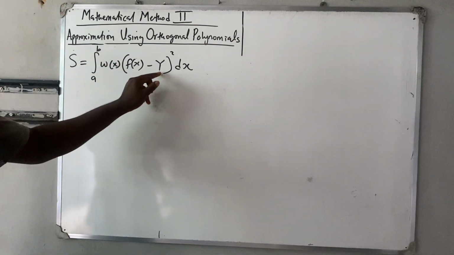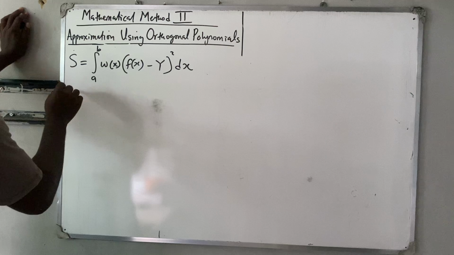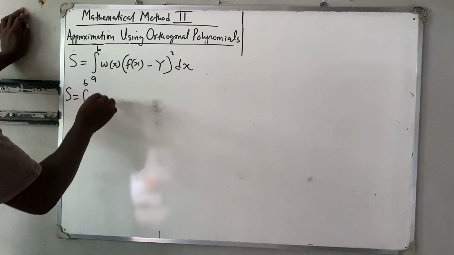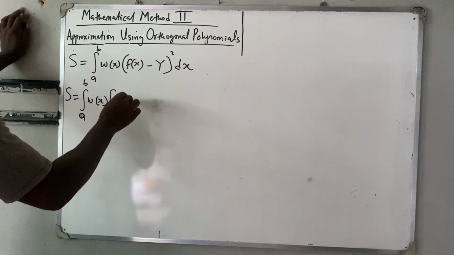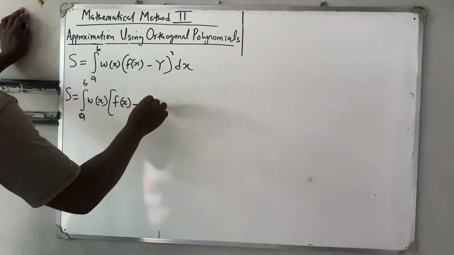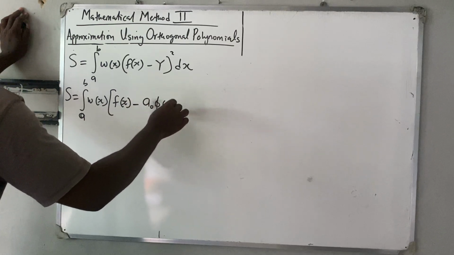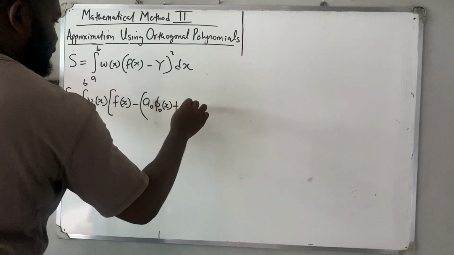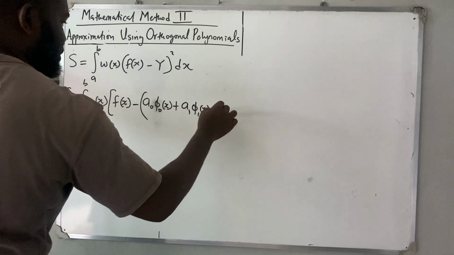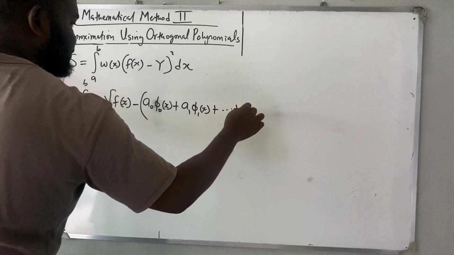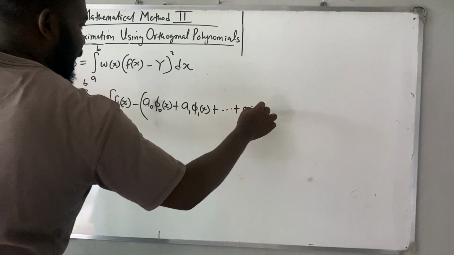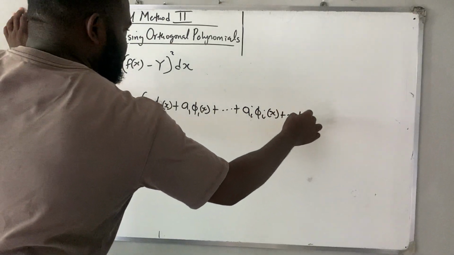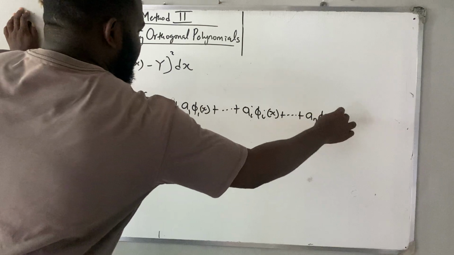Now, we know this. Let us put this in and see what is going to happen here. If we put this in, we see that S is equal to the integral from a to b of the weight function into f of x minus, this is the same as saying a naught phi naught of x, plus a1 phi 1 of x, plus dot dot dot, it continues that way to a i phi i of x, plus dot dot dot plus a n phi n of x, which is the last one.